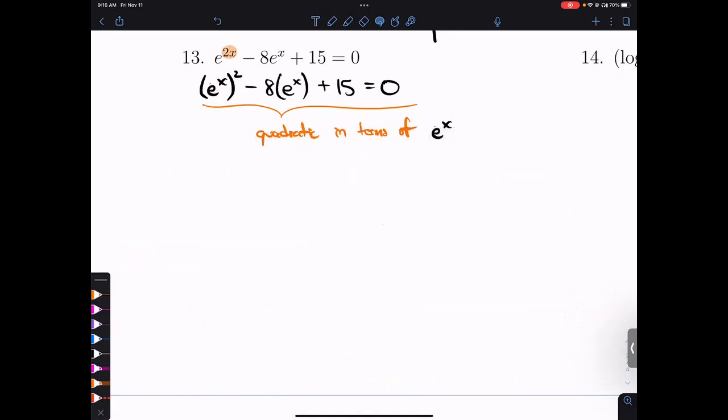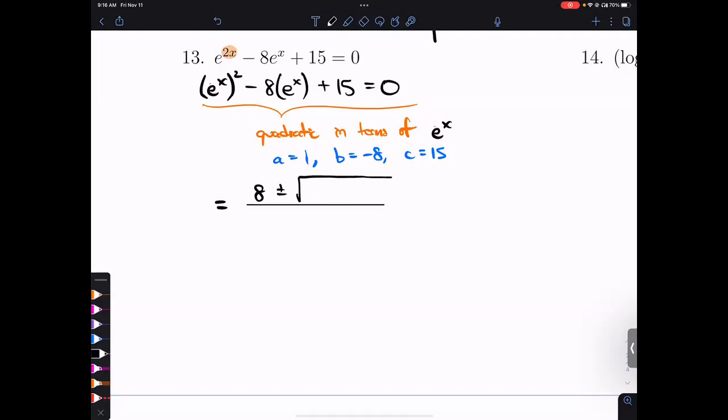I'll just run that real quick. This would be quadratic in terms of e to the x with a equal to 1, b equal to -8, c equal to 15. So when I set up the quadratic formula, -b, the opposite of b, plus or minus the square root of b squared, 64, minus 4 times a times c, which is 60, over 2 times a.